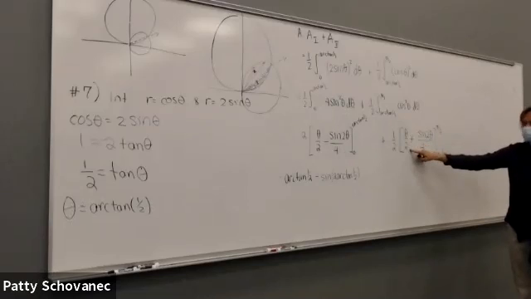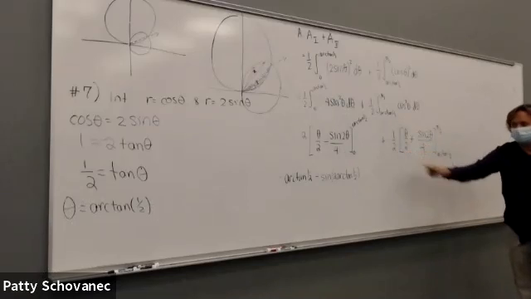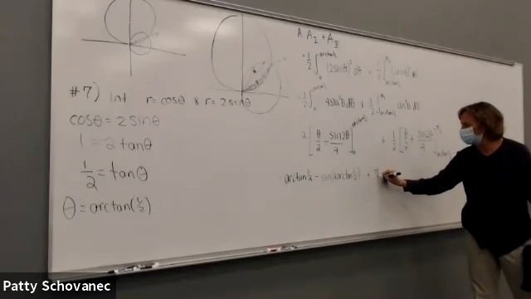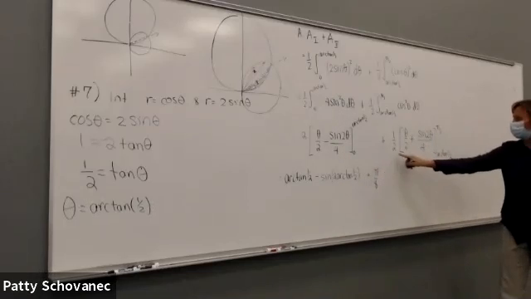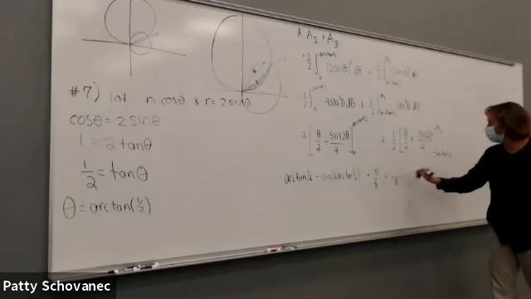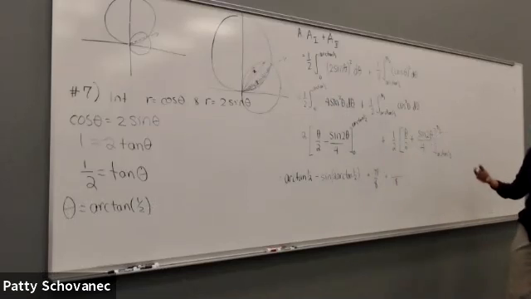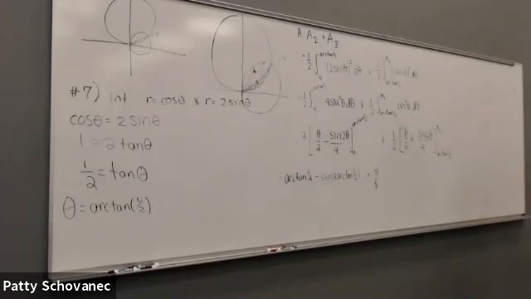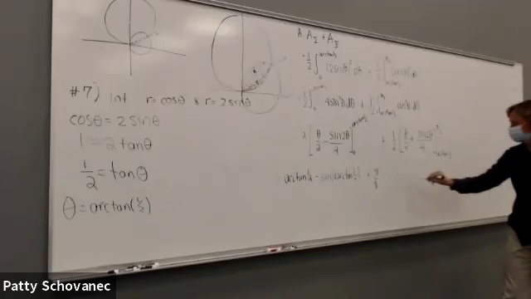So pi halves over 2 is pi fourths times this half gives me pi eighths. 1/2 of 1/4 gives me an eighth out here. And then I'm going to have the sine of, I said that was going to be 0, and it still is. Okay, now I subtract.